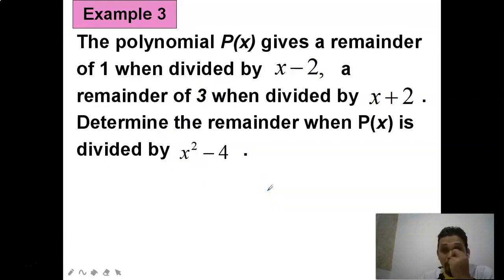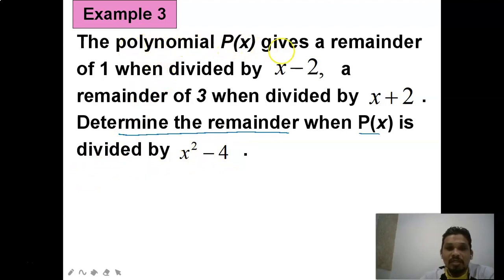Now, the polynomial p(x) gives a remainder of 1 when divided by x minus 2 and a remainder of 3 when divided by x plus 2. Determine the remainder when p(x) is divided by x squared minus 4. Let's take a look at the first definition.